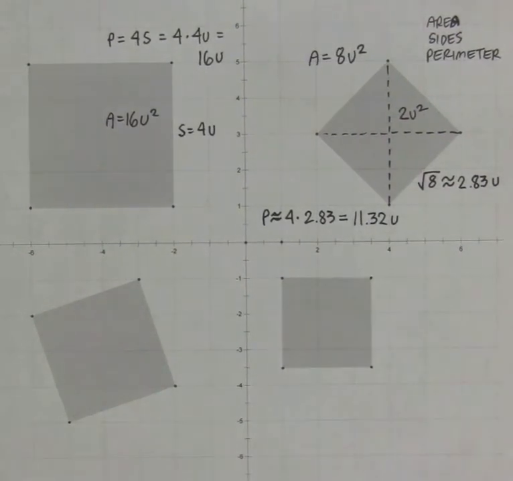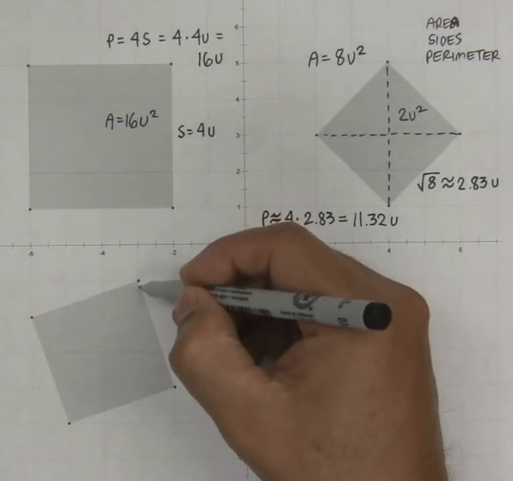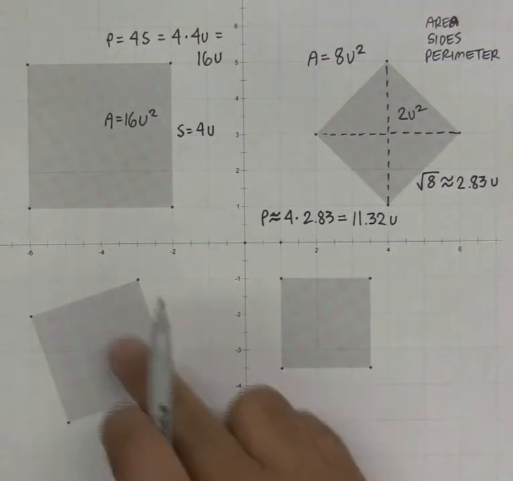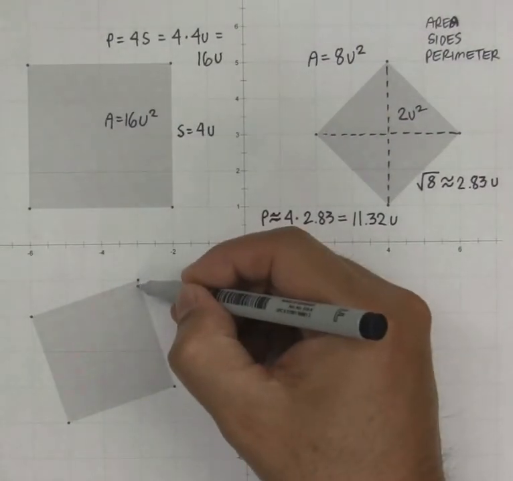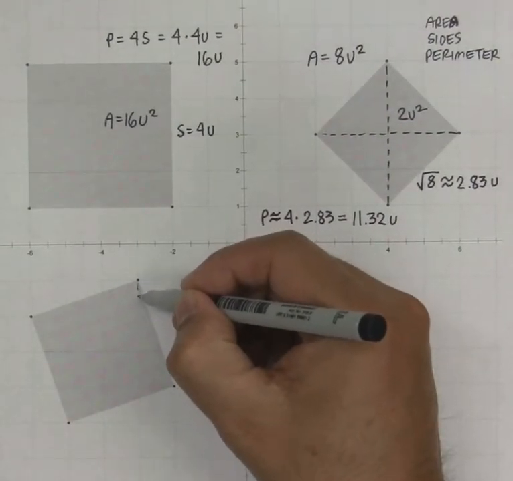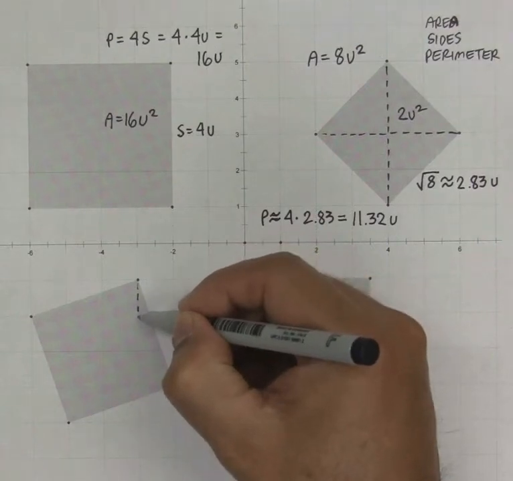In this third square right here, I'm going to have to divide this square into even a little more complicated sections.